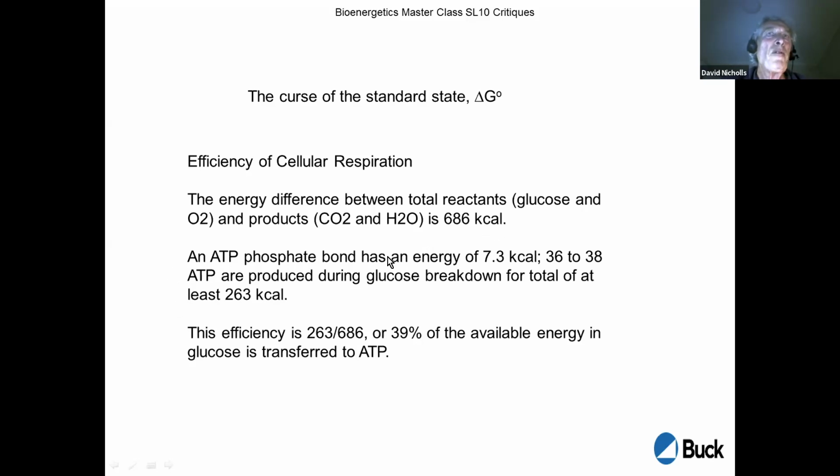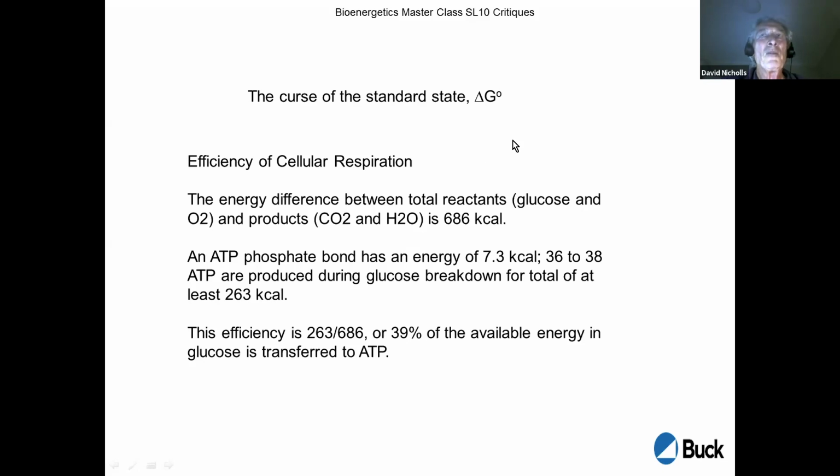An ATP phosphate bond has an energy of 7.3 kilocalories. What they're saying is that the equilibrium, the standard Gibbs free energy, which is the equilibrium constant, translates into 7.3 kilocalories. And therefore you've got 36 to 38 ATPs per glucose, 263 calories. So you're 39% efficient. Now, virtually everything there is absolutely gobbledygook.